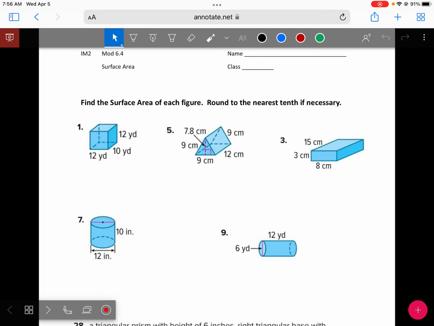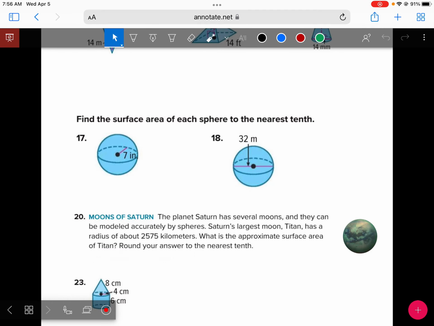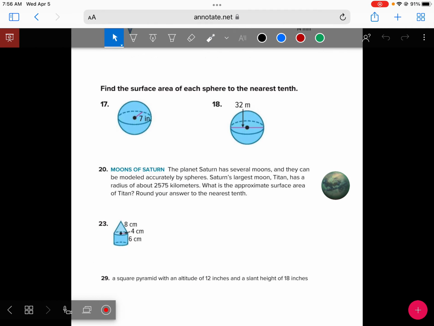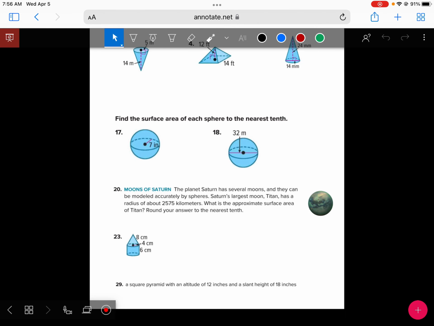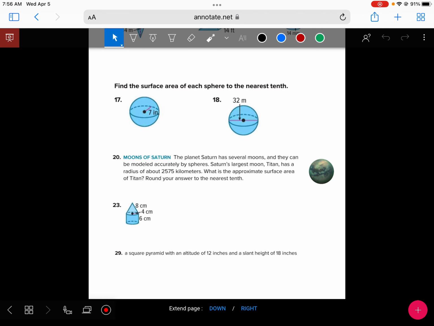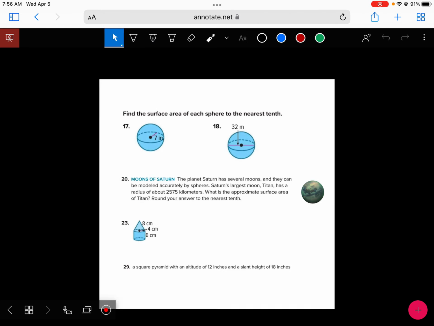So let's take a look at this homework. So, homework, page 40. Does any of these look like ones you want to try? You're like, no, I'm done. Let's look at number 20.